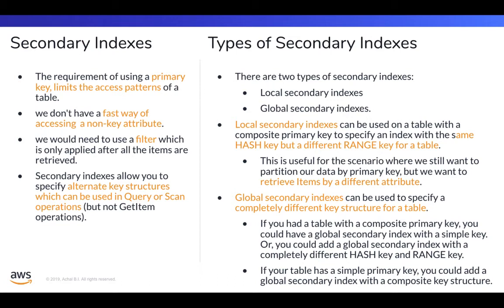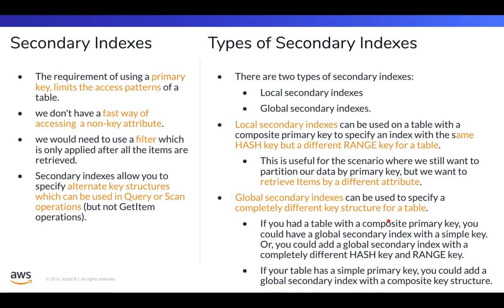And in those circumstances, when you don't want to change the partition key, and you want to change only the sort key, then you would use a local secondary index.